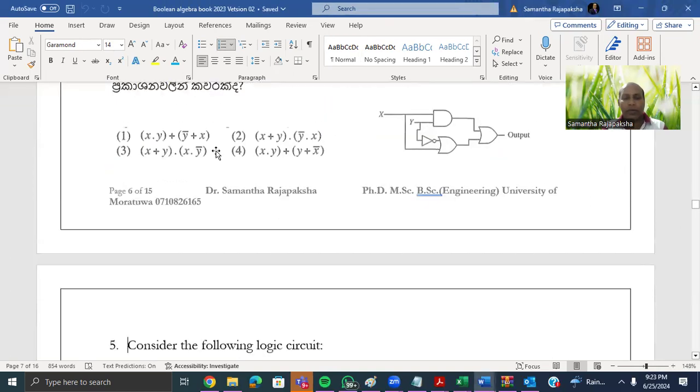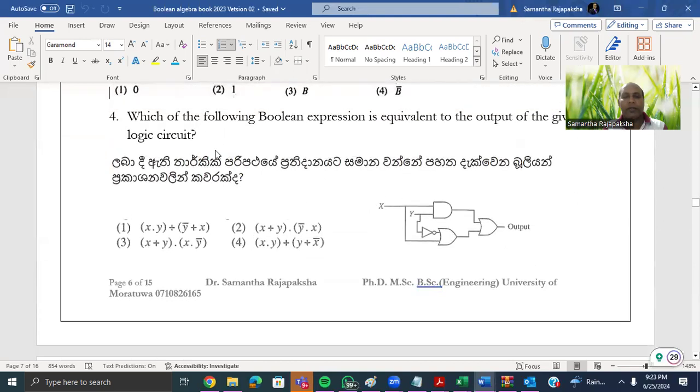Then if you check the next one, you're asked to find the Boolean expression for the output. I think it's a bit easier. This one is basically x into y, multiplication.